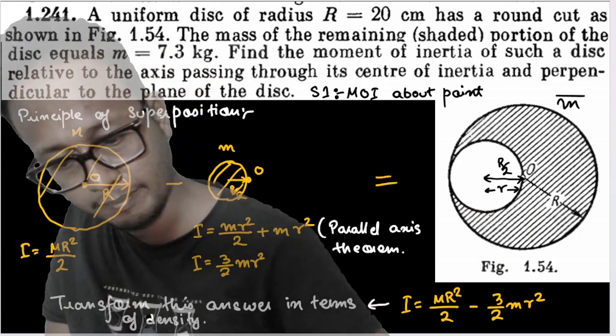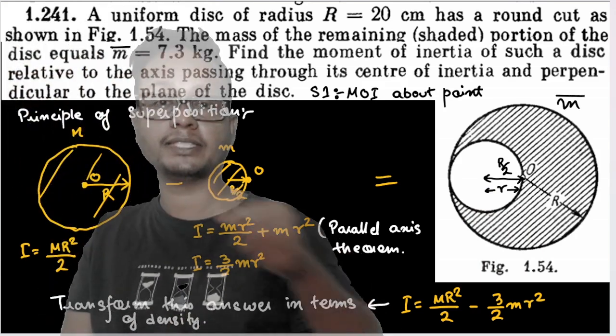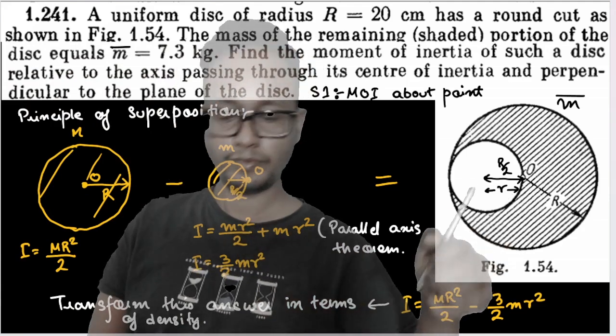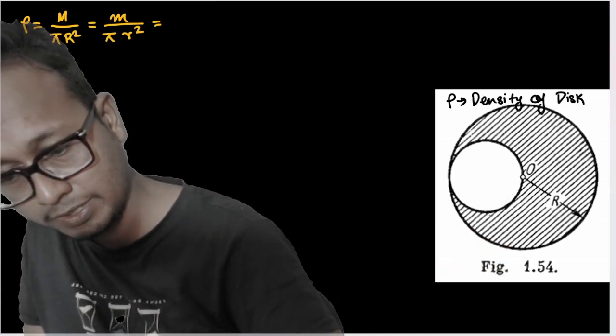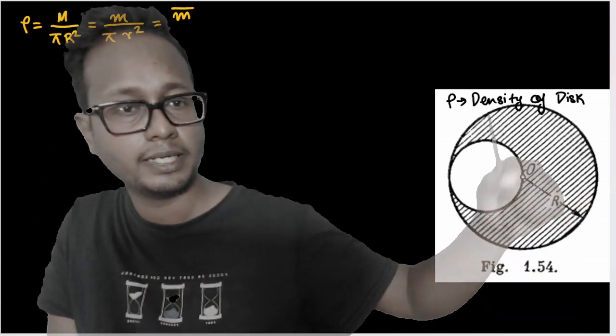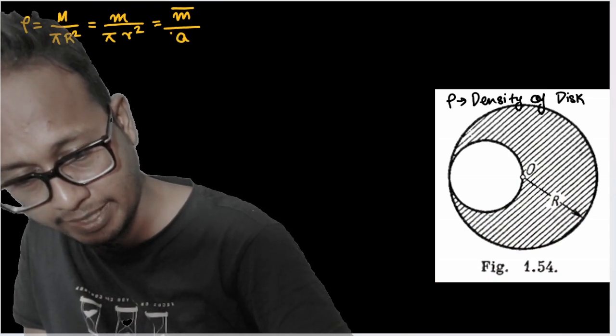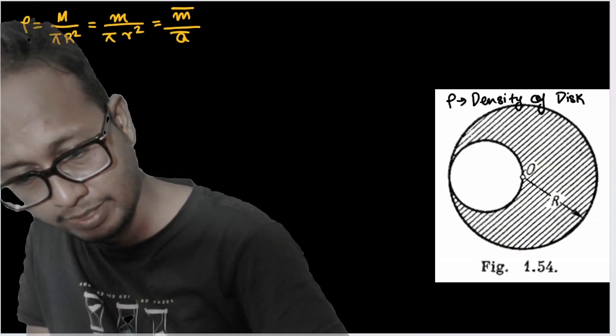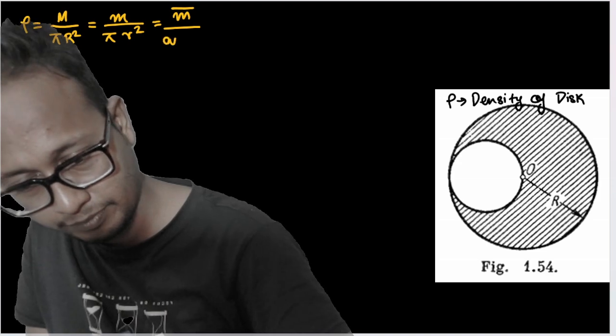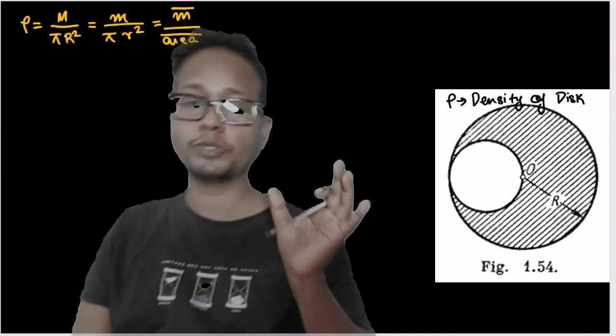Mass of this is nothing but m dash. Okay, m dash is given as a 7.3 kg object. Which is equal to the mass of this shaded part divided by the area of the shaded part. Let the area of the shaded part be A dash. Okay, area of the shaded part. Understood what I did out here?